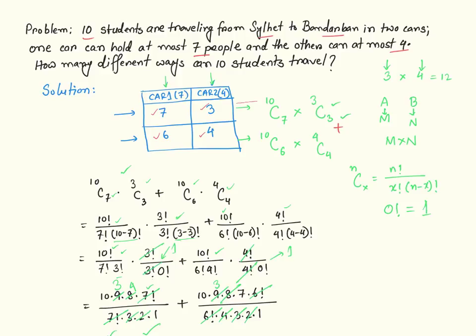The first combination could happen 10C7 times 3C3, and the second one can happen 10C6 times 4C4 different ways. And then I simplify it using the formula for combination, which is this one. Once I simplify it, the final number I get is 330. That's what it is. I hope that this discussion was helpful. Thank you very much.